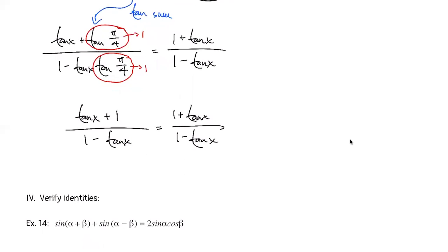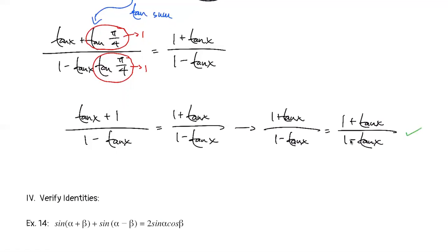All right. Now when we add numbers together, tangent x plus 1, that's the same as 1 plus tangent x. So we do have our identity here where both sides are equal. Okay.